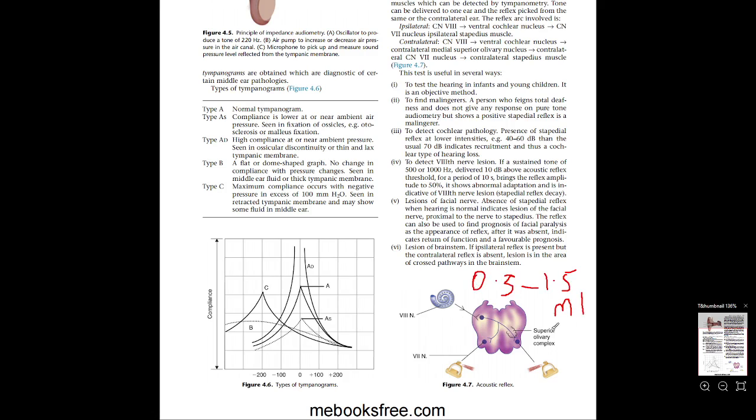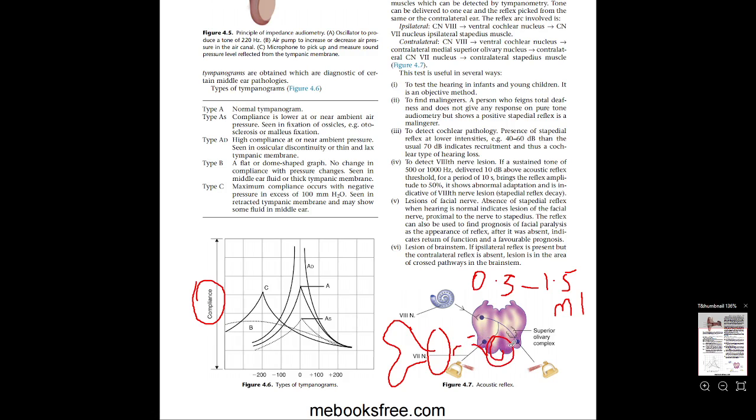Okay, compliance. Compliance means how much sound is passing through the tympanic membrane, how much sound the tympanic membrane is allowing into the middle ear, and how much sound is touching the ossicles.